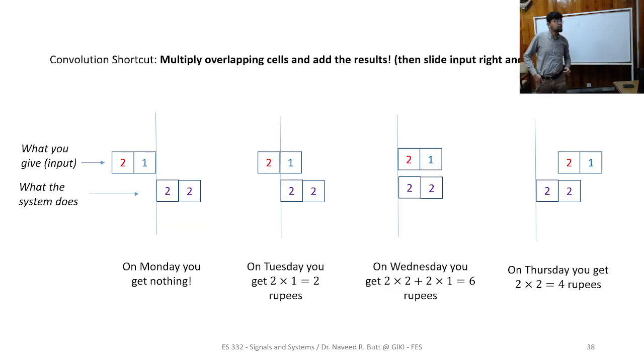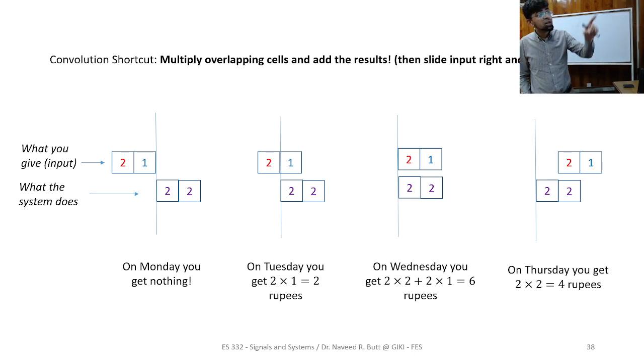So just as an interesting example, this is what's happening. Let's say each box represents one time unit. What you are giving as input is 1 rupee on Monday and 2 rupees on the next day. The system's response is 2 and then 2. First your input goes in, so on Tuesday he gives you 2 times 1, 2.